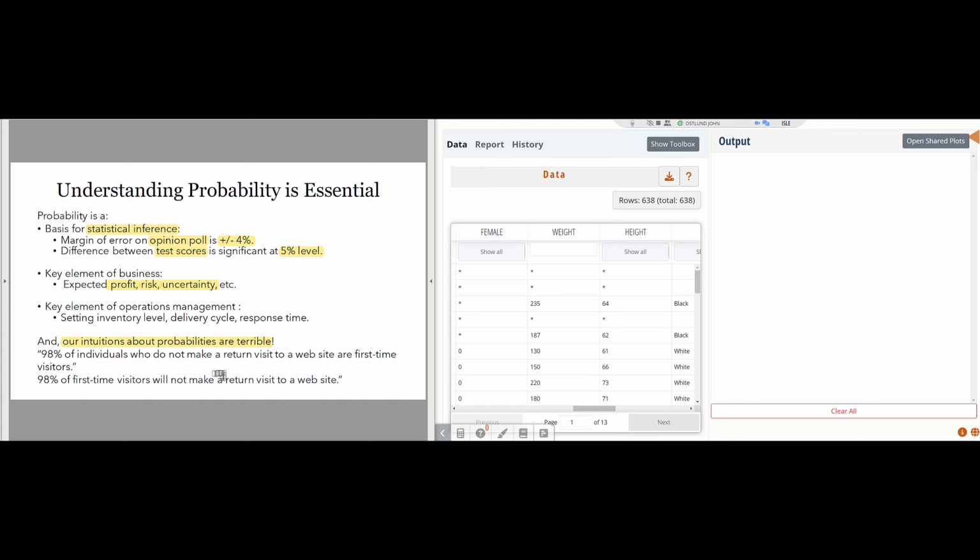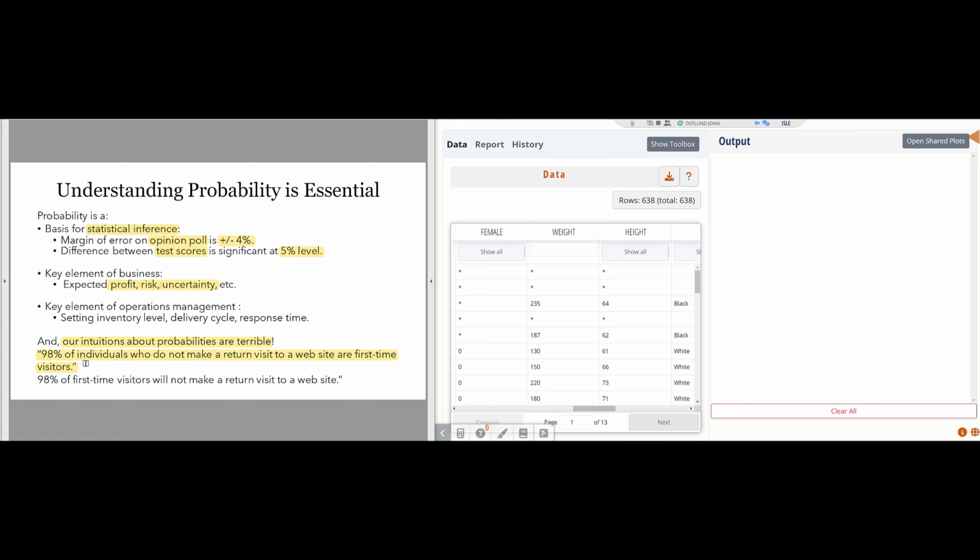Here's an example of a couple of statements that do not mean the same thing, but that might confuse people to think that they are. We have a statement, which let's assume is true, that 98% of individuals who do not make a return visit to a website are first-time visitors.